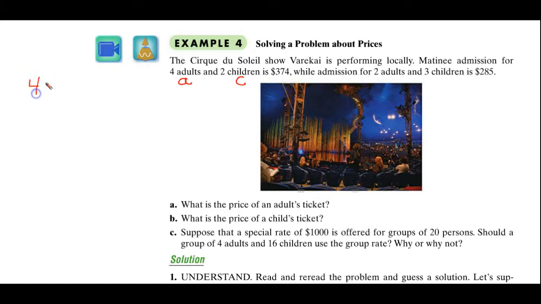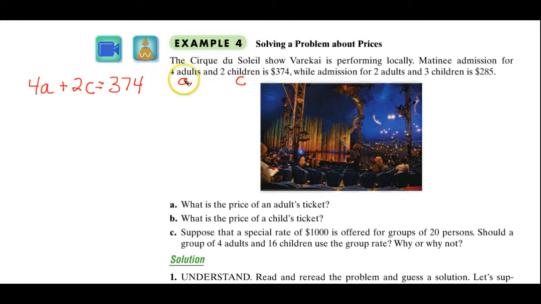So for A, for adult tickets, again, this is the number of adults. Well, I'm sorry, this is the price of the adult tickets. 4 times that price plus 2 times the price of children's tickets would be $374.